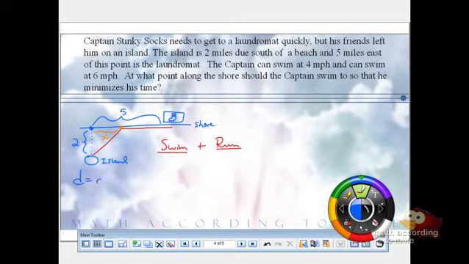Distance equals rate times time. So solve for t, because that's what we're trying to minimize. If d equals r times t, what does t equal? So for our swim and for our run, we're going to have a distance and a rate, and that ratio will give us time.